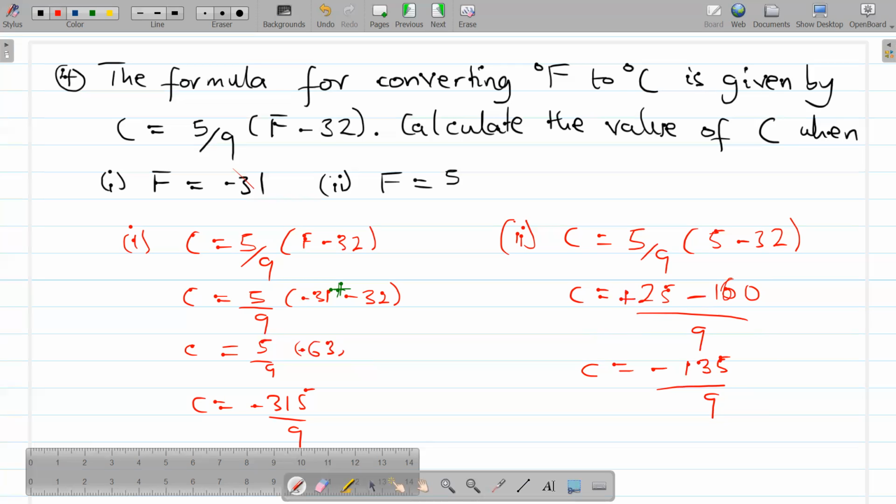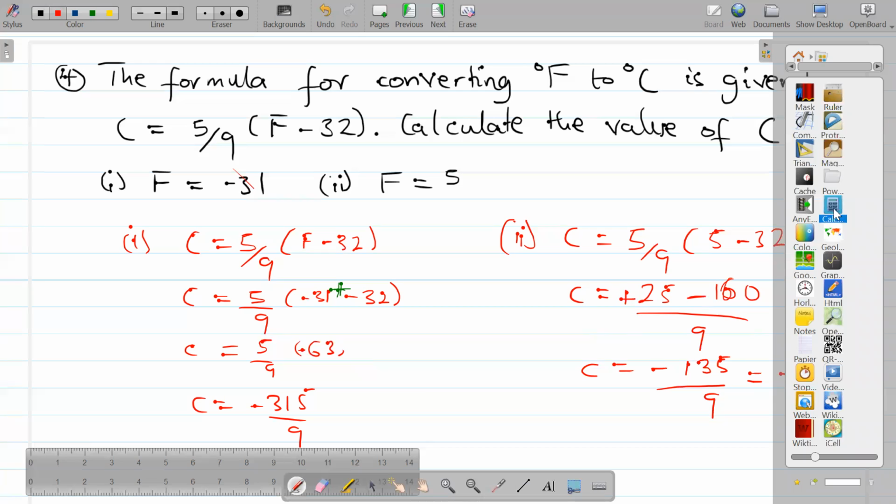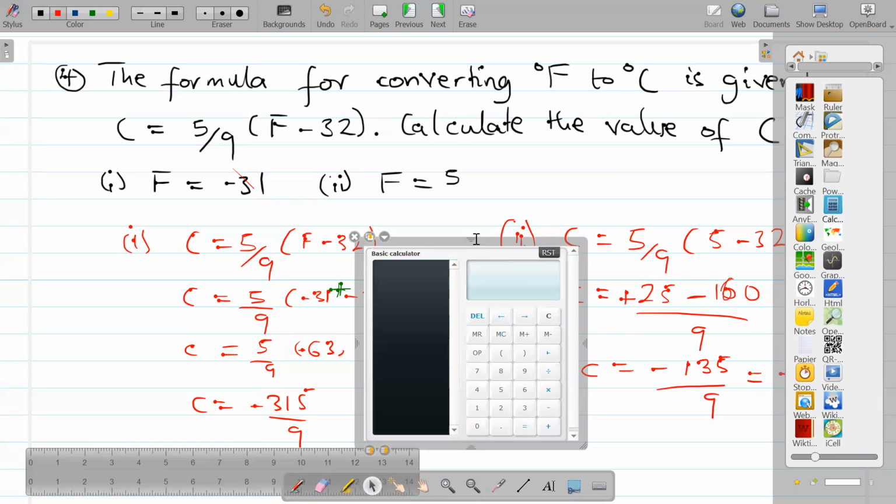Okay, we're supposed to divide. 9 goes into 135. Well, you still get minus 15. Oh, okay. I didn't press it right. Okay, I stopped there. I need to be careful.